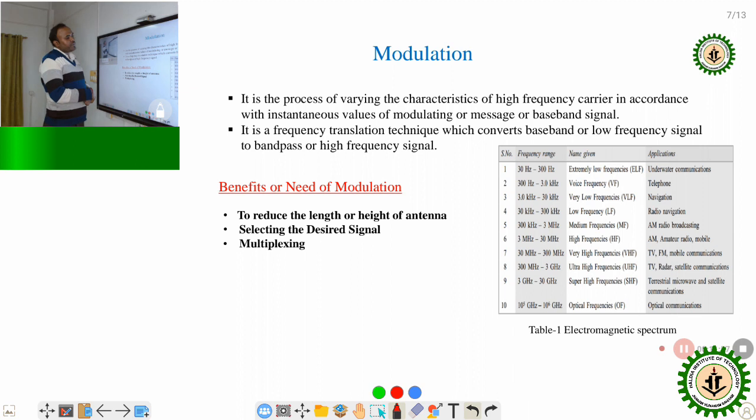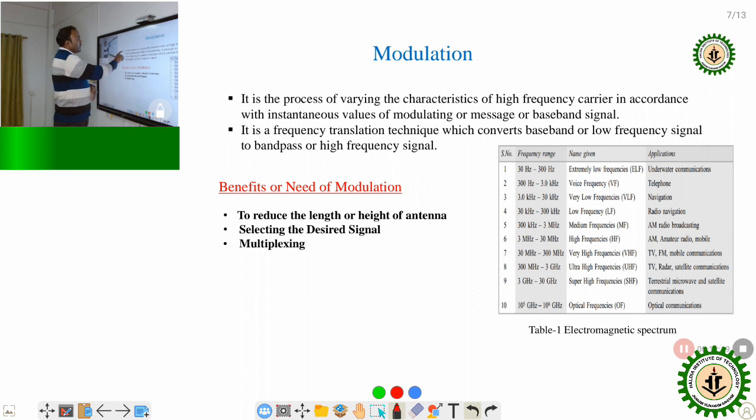Modulation is one of the interesting concepts of the communication system. In this modulation technique, the lower frequency signal, also called the baseband signal, can be converted to a higher frequency signal.